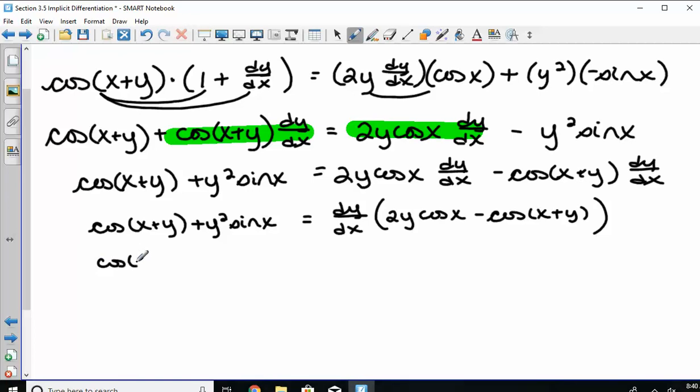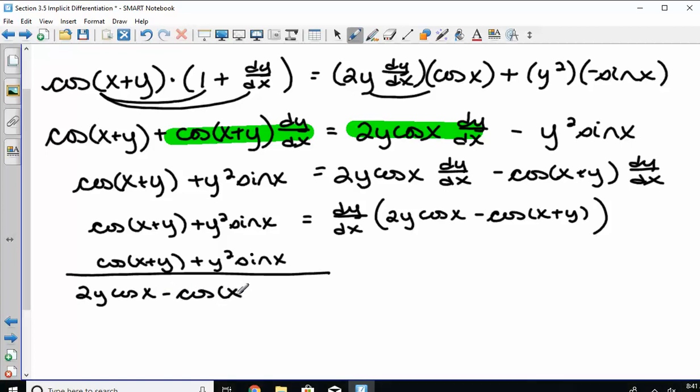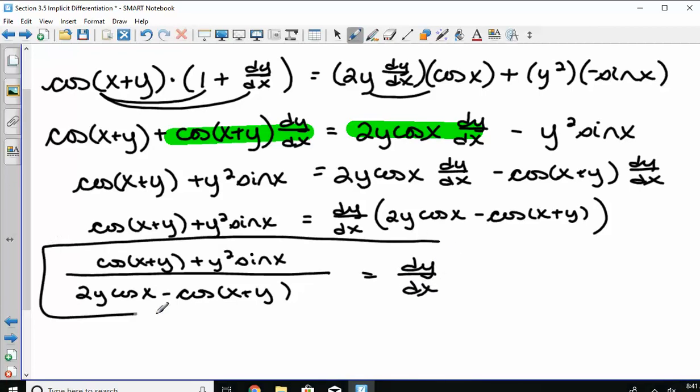So you would get cosine of x plus y plus y squared sine of x over 2y cosine x minus cosine x plus y. Questions there?